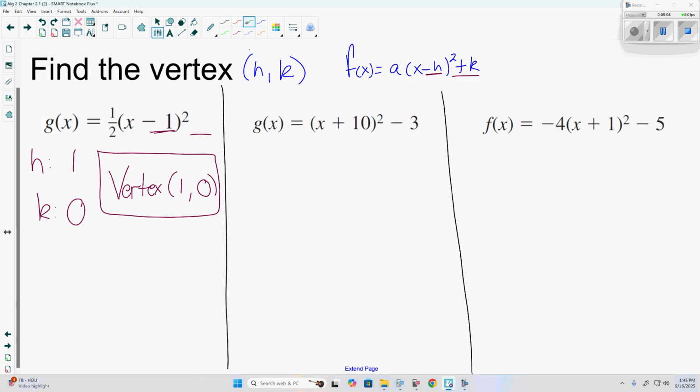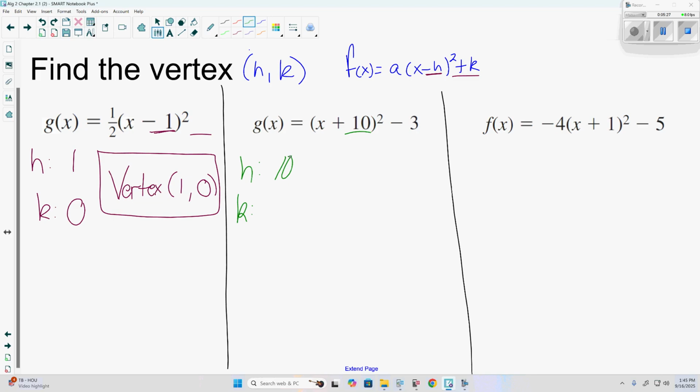All right, guys, let's look at the second one. G of x equals (x plus 10) squared minus 3. The number for h would be 10. Would it be positive 10 or negative 10?